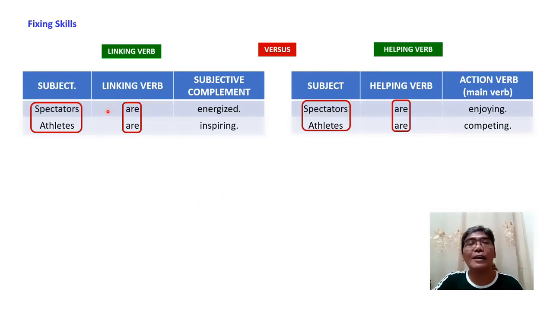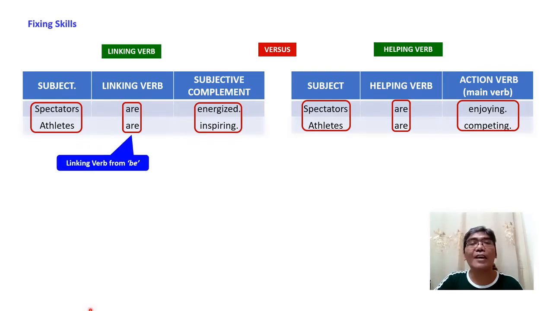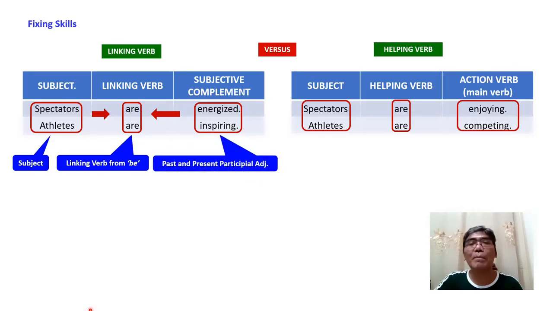The linking verbs are at your left side are followed by the subjective complements energized and inspiring, while the helping verbs are at your right side are followed by the action verbs or main verbs enjoying and competing. The linking verbs are at your left side link the subjects, spectators, and athletes to the subjective complements or to the past and present participial adjectives energized and inspiring.